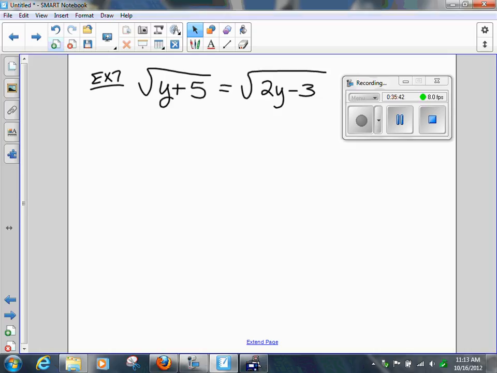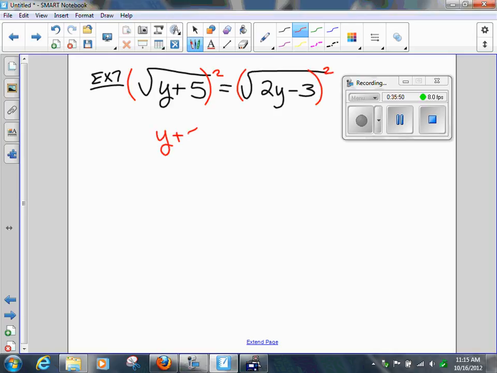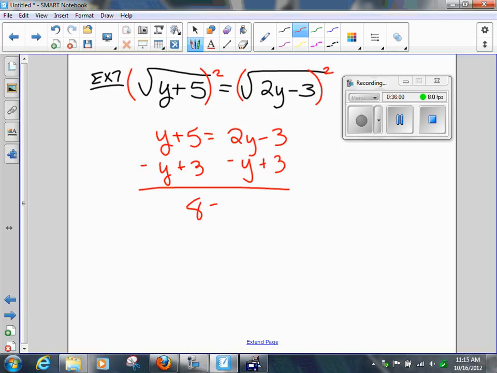Just square both sides. What you do to one side, you have to do to the other. That gives me y plus 5 equals 2y minus 3, right on? Yep. I'm going to subtract y, and then I'm going to add 3. Did you get 8 is equal to y, or y equals 8?